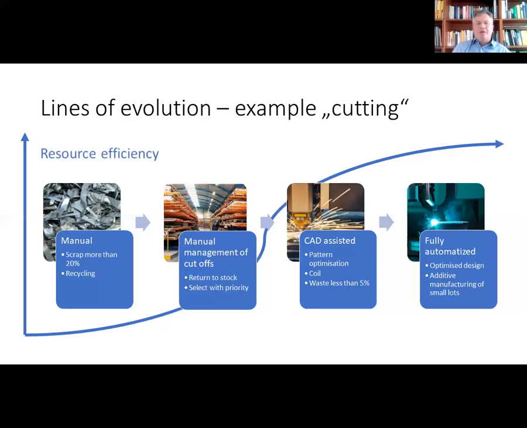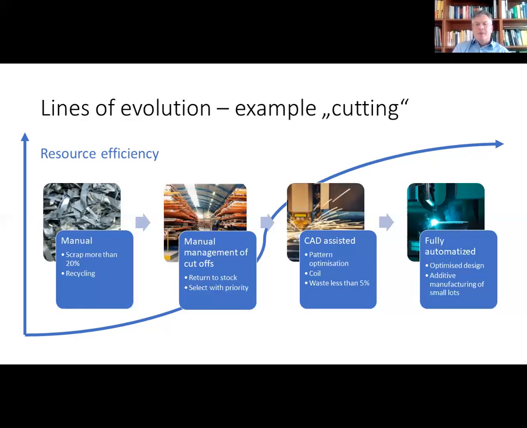Like metal cutting starts manual, scrap is probably more than 20%. The material which is off-cut is recycled. Second stage, already improved, would be manual management of cut-offs. They are returned to stock and selected with priority when new material is needed.